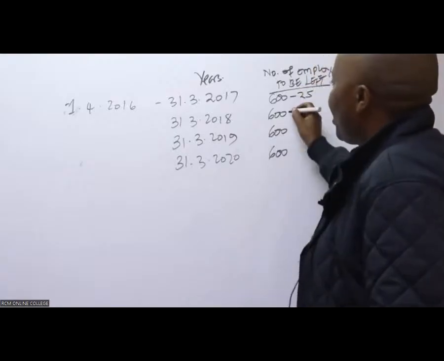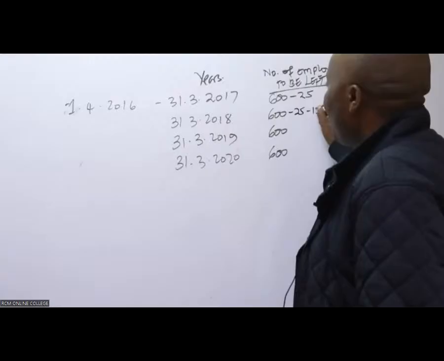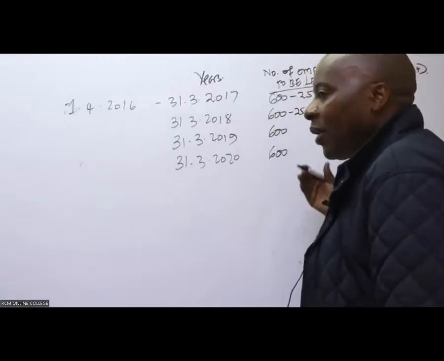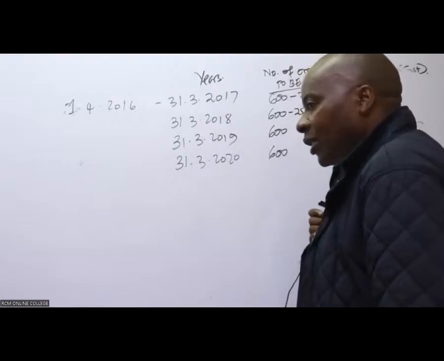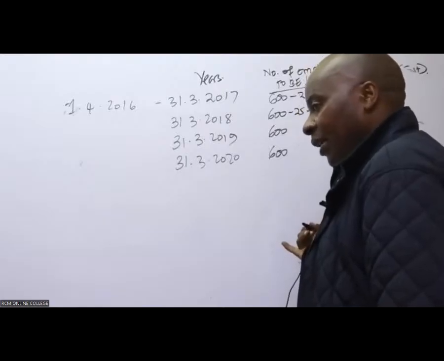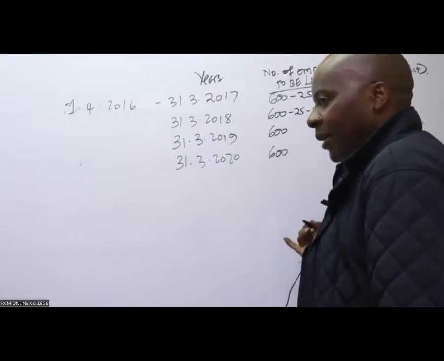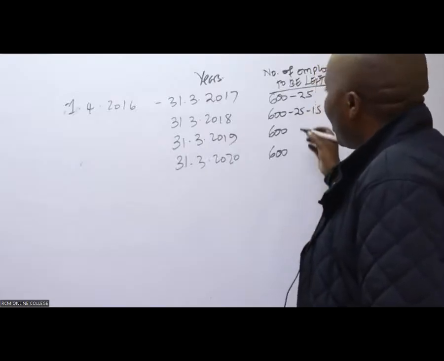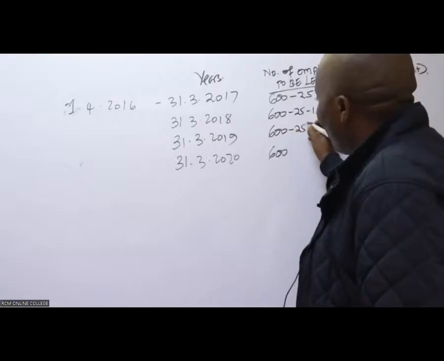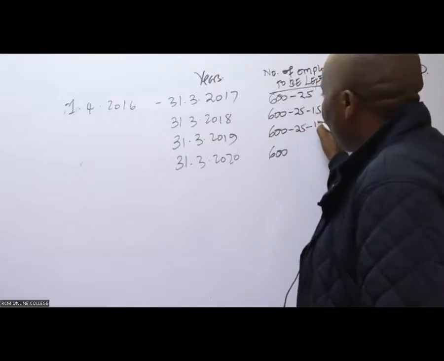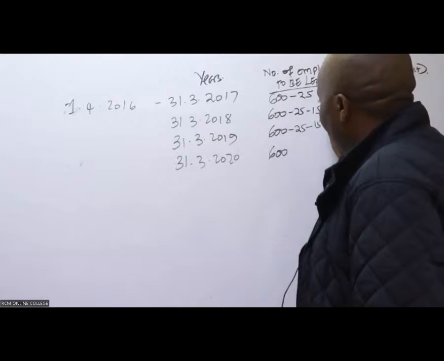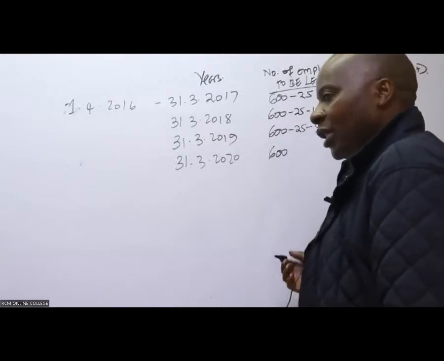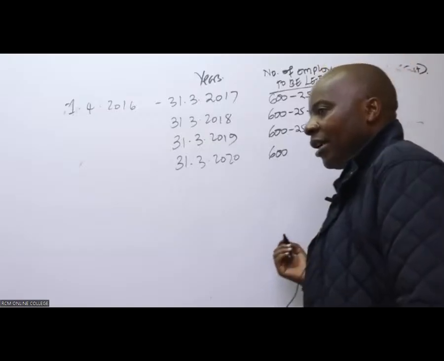So 600 minus 25, because they have given us the actuals for each year, and I want to account for the number of employees I will be left with in the company. So go to year number 3. When I go to year number 3, I must remember the guys who left in year 1, the guys who left in year 2, minus now the guys who will leave in year 3. This was a straightforward one. It doesn't have any complications.